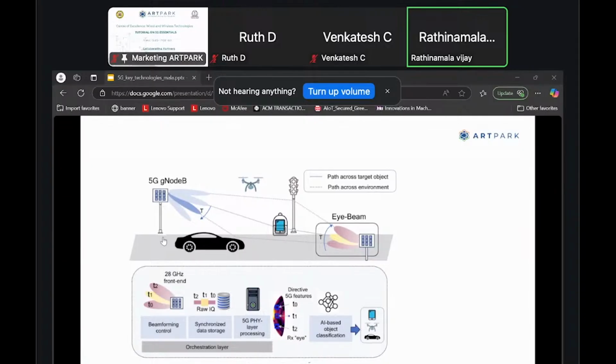The SDR that they have used is an X310, and they have improved the sensing accuracy using an AI model as well. Here the synchronization signal blocks and burst signals in 5G are used to detect the position of an object between a G-node B and an I-beam receiver.